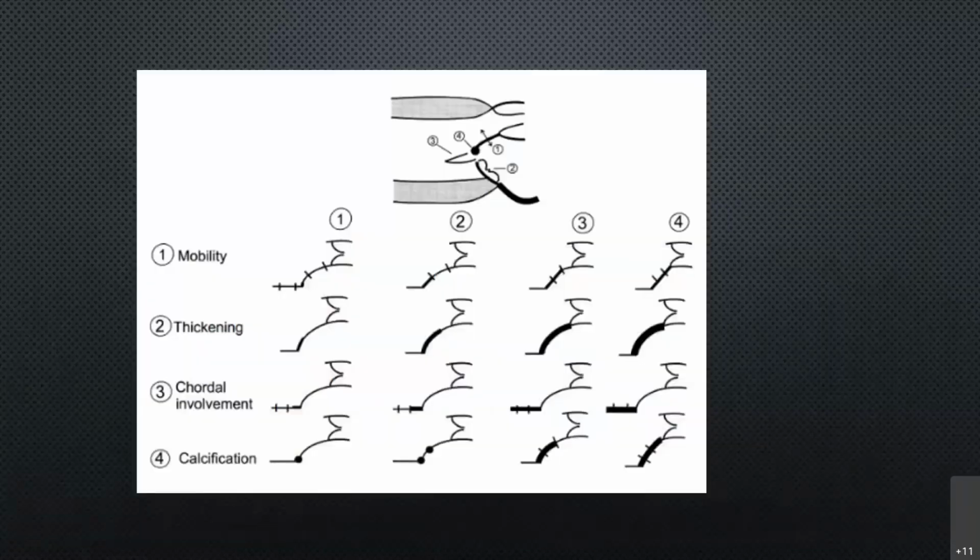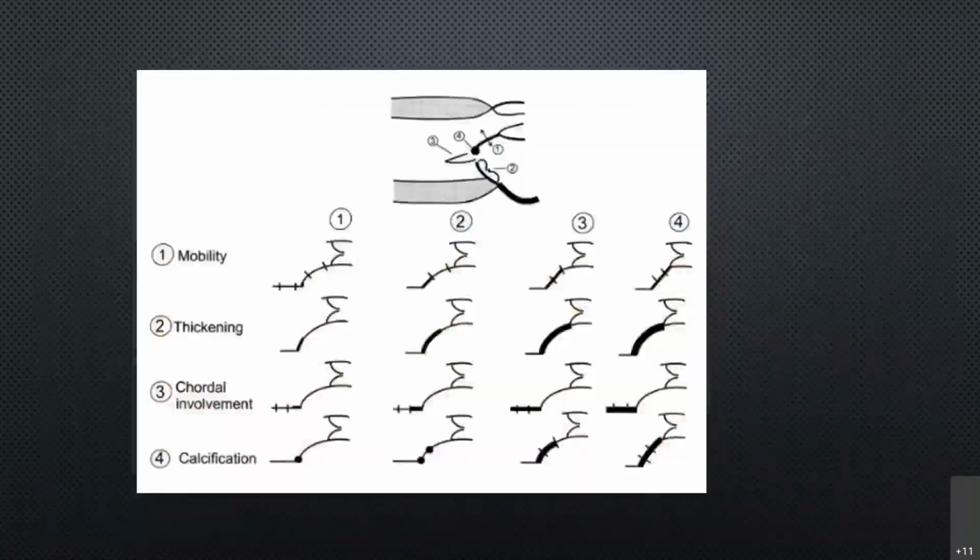And this, which I got from the guidelines, is just a pictorial representation of the thickening, calcification, and mobility, and how it starts at the leaflet tips and then progresses. This is a more pictorial representation of the Wilkins-Abascal score. Again, remember 8 is a magic number. Less than 8, it is favorable to do mitral valvuloplasty.